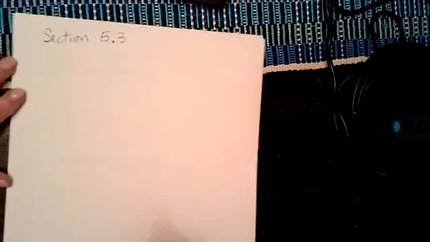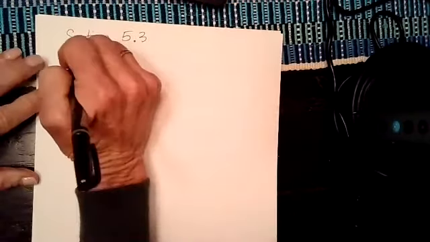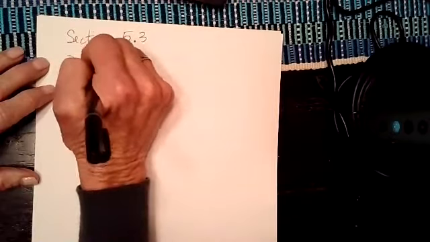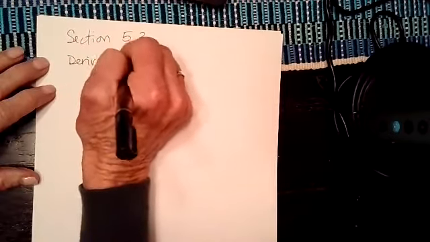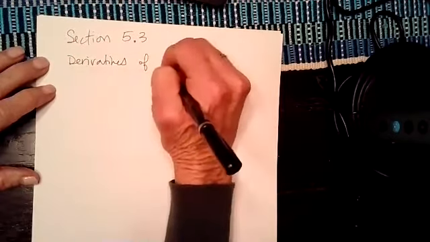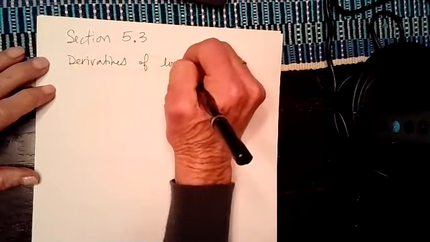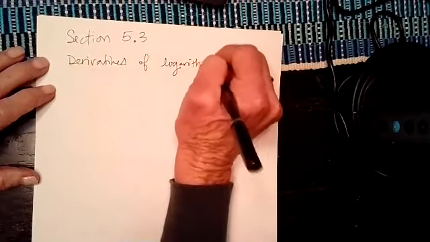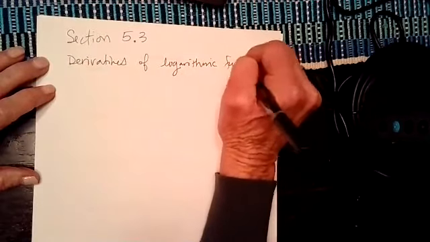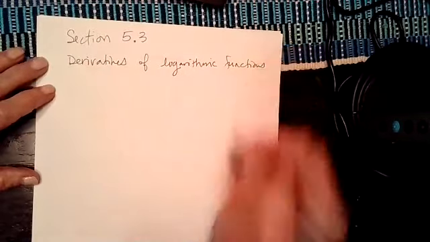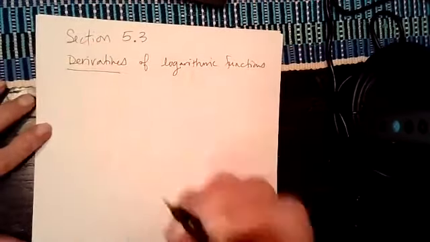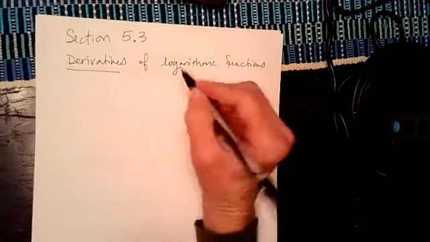Okay, so section 5.3 is the derivative of logarithmic functions. It's a derivative rule, but it's not multiply down or subtract one.